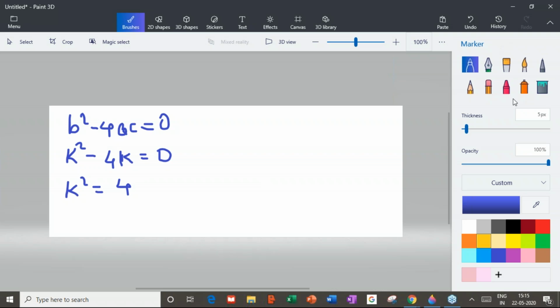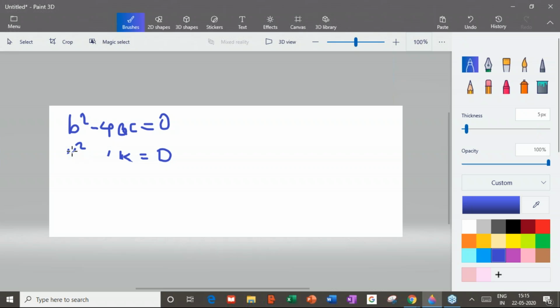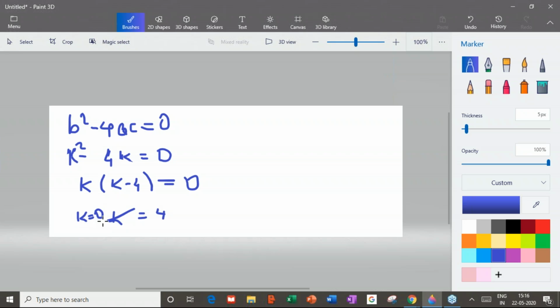Sorry, we can do it as k square minus 4k is equal to 0, or k(k minus 4) is equal to 0. So from this we can see that k is equal to 4 or k is equal to 0. Correct. So this condition of b square minus 4ac is satisfied only when k is 0 or k is 4.